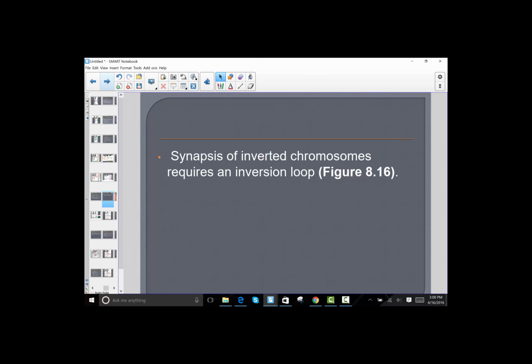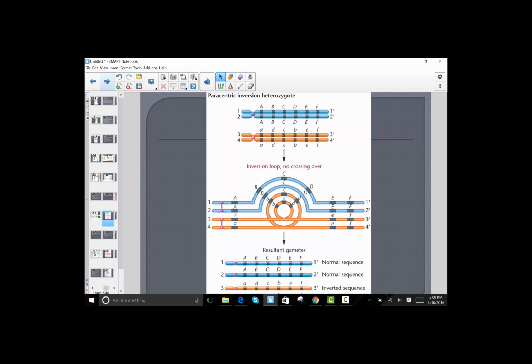That means inverted chromosomes are ones that have a changed order of genes on those chromosomes. As a result, we're going to require an inversion loop. If you remember what that is, your chromosome that's trying to match with one that has an inversion forms a loop to be able to move on and change.